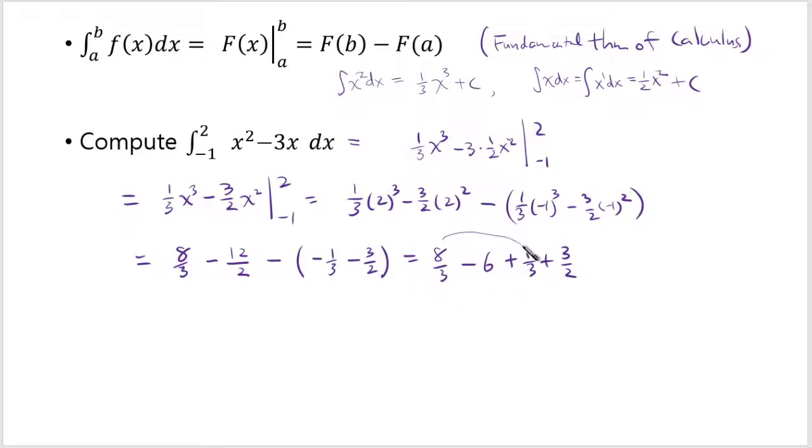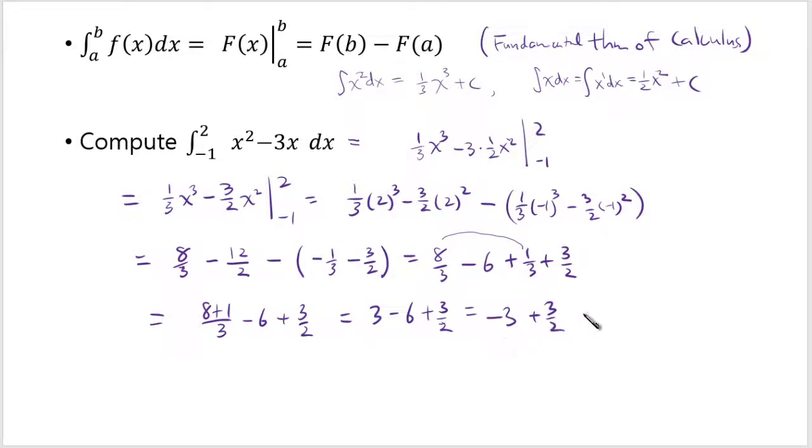And I like these two because they have common denominators. So I have 8 plus 1 over 3 minus 6 plus 3/2, and this is 9/3, that's 3, right? So you have 3 minus 6 plus 3/2. We're almost there. 3 minus 6 is -3, and 3/2 is 3/2.